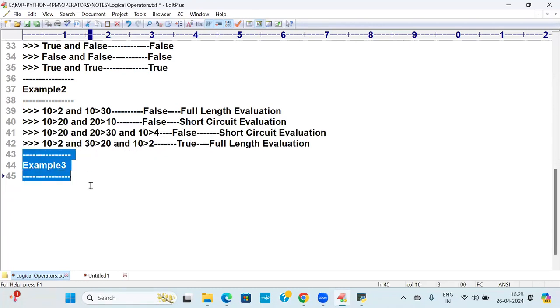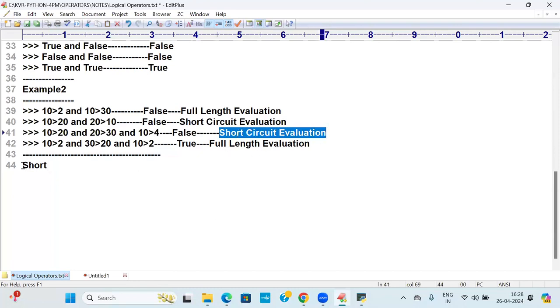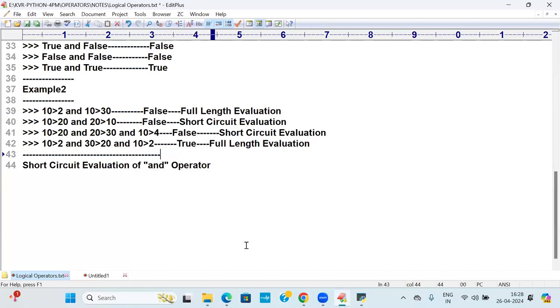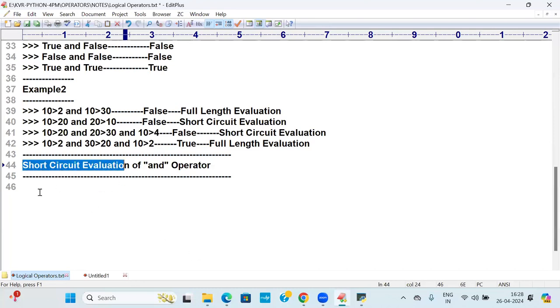Before going to example 3, I want to define one short concept here. Short circuit evaluation of AND operator. Shall I start now? Here I am writing the concept. Carefully understand once again.